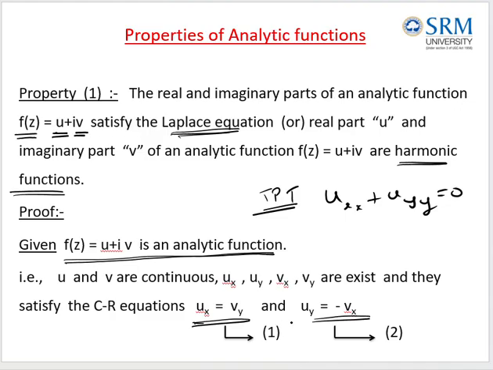Similarly, in the second equation I am having uy. If I differentiate with respect to y again, I will get uyy from this equation. Then I will check whether adding these two I am getting 0. If I am getting 0, I can say that it satisfies Laplace equation, hence it is a harmonic function.